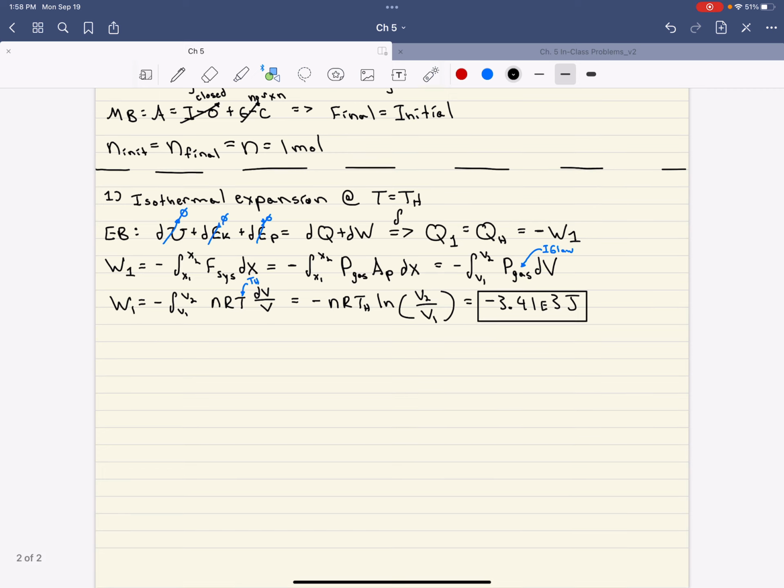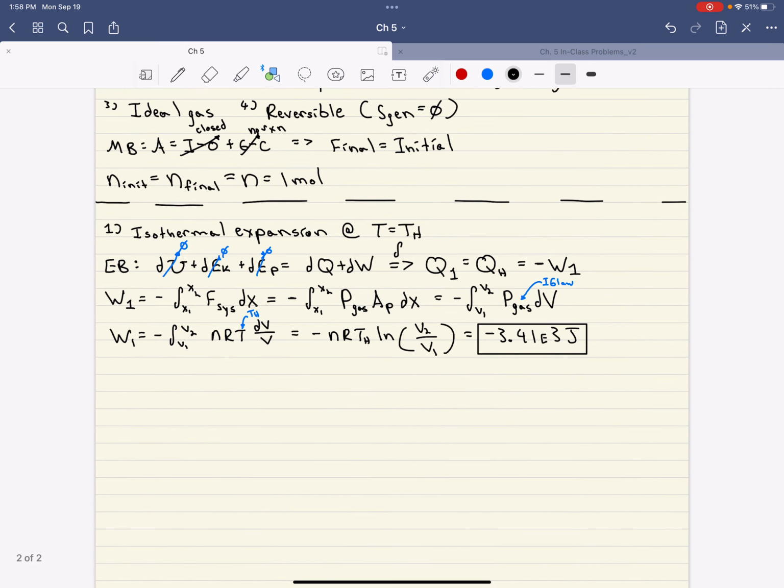So we figured out what the work is, and from our energy balance, we know that QH is just equal to the negative of work. So QH is going to be 3.41 × 10^3 joules.